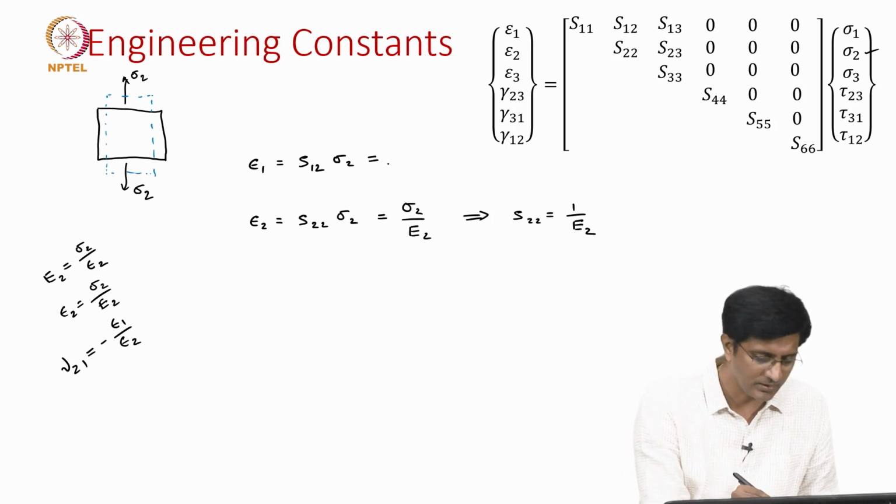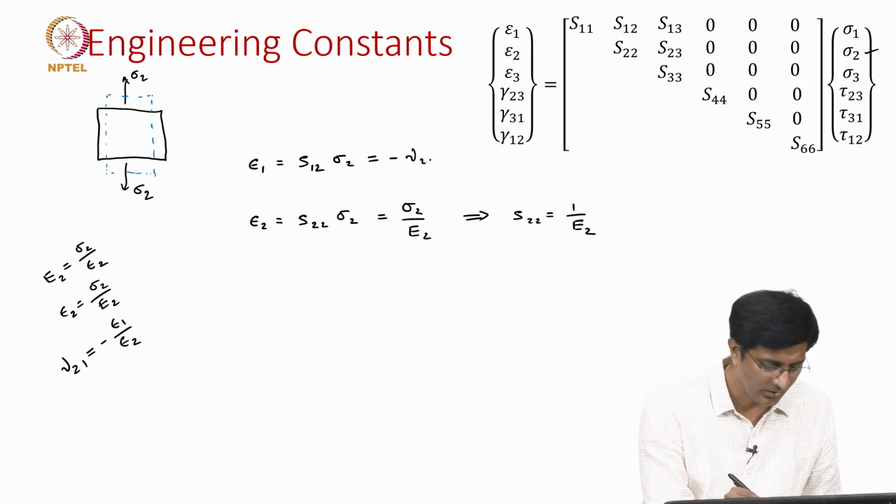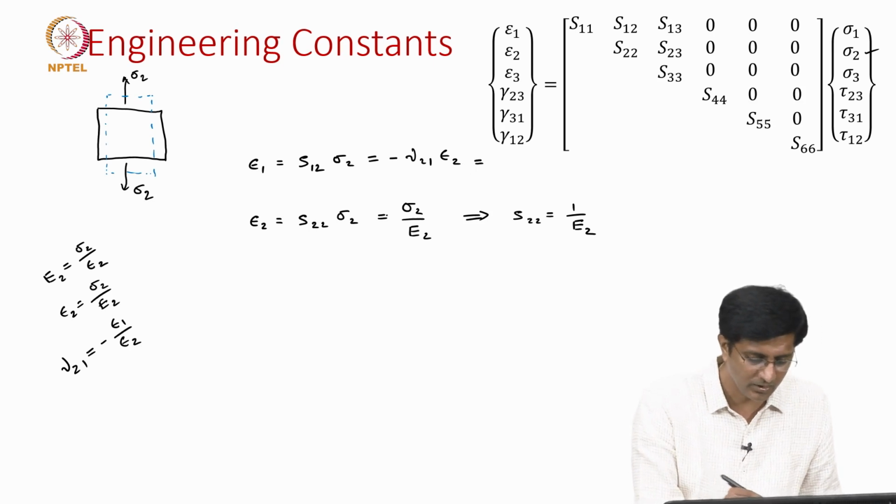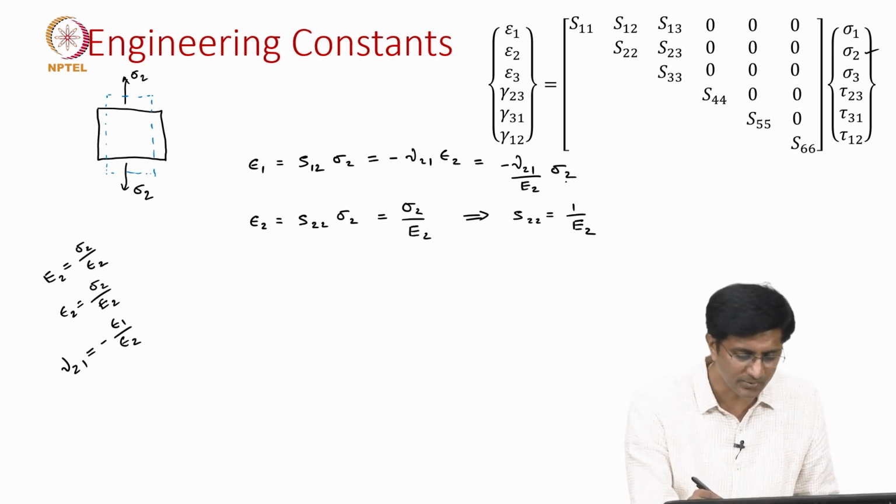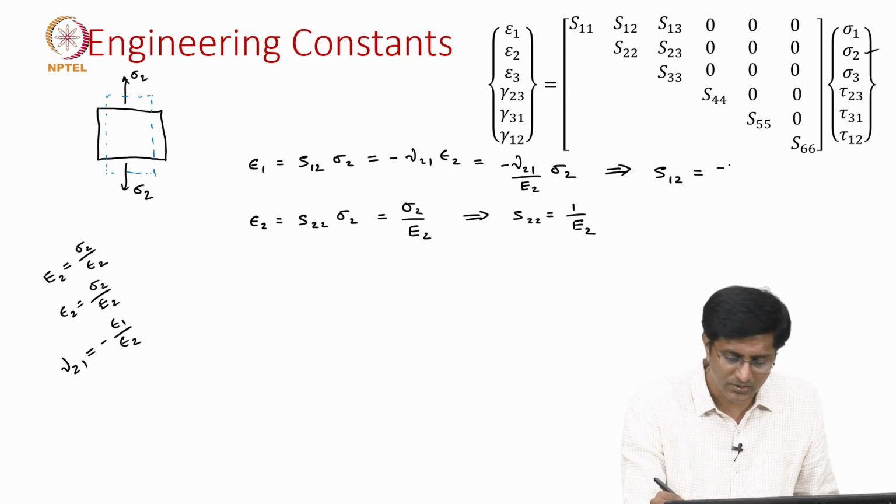So epsilon 1 is simply minus nu 21 times epsilon 2, and bringing in the definition of epsilon 2, we rewrite this as minus nu 21 by E2 times sigma 2. From this expression, S12 is simply minus nu 21 by E2.